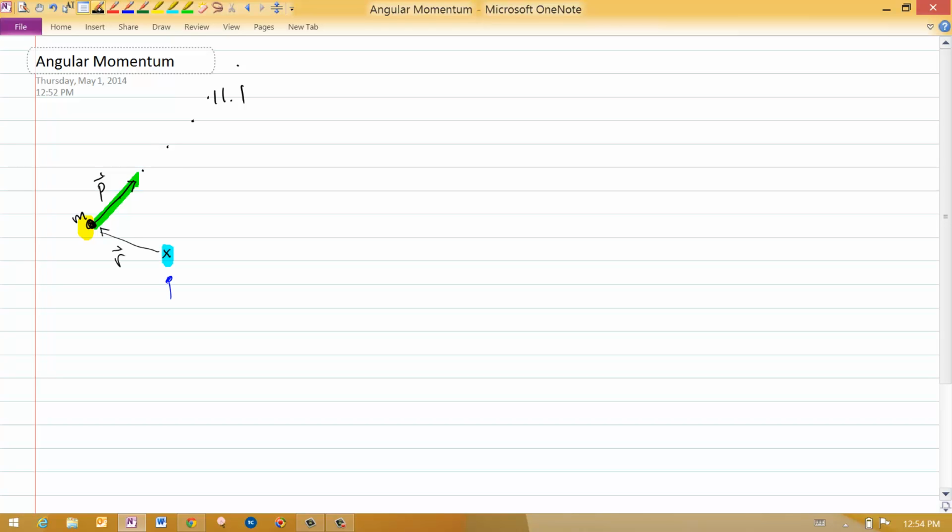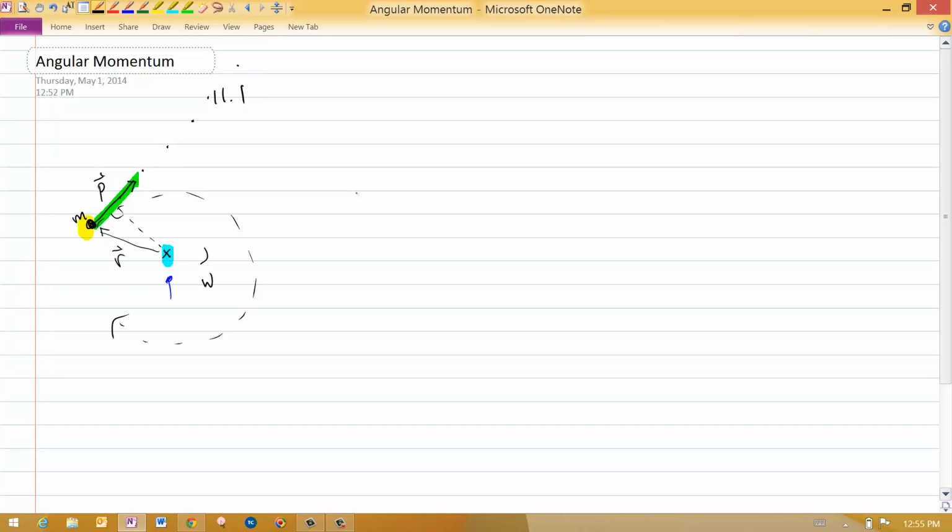But there is another quantity that involves how much of this motion can be mimicked by an object moving in a circle at some angular velocity, omega, around that origin. And the way to get that is to figure out how much of the displacement is perpendicular to the momentum.